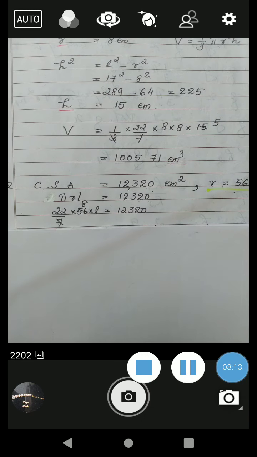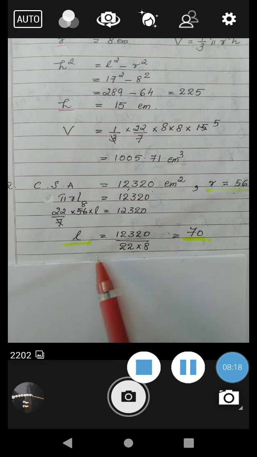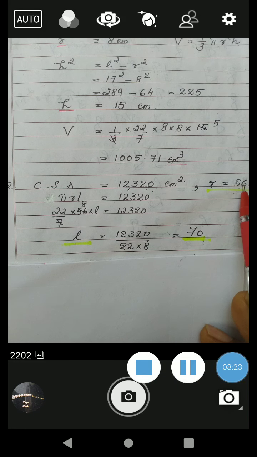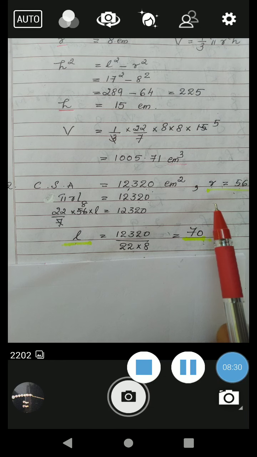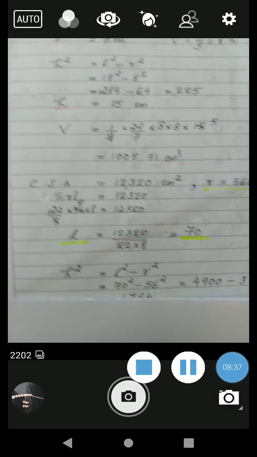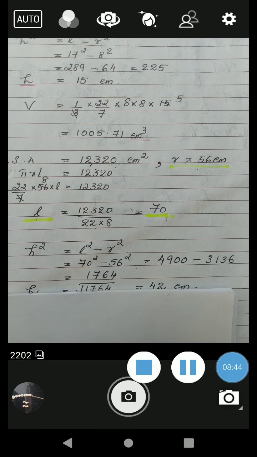Okay. Transpose these things to the right side. You will get L is equal to 70. You can see L is equal to 70 and R is equal to 56. Therefore, what is H? H is equal to square root of L square minus R square, or H square is equal to L square minus R square, that is 70 square minus 56 square, which is 4,900 minus 3,136, which is equal to 1,764.